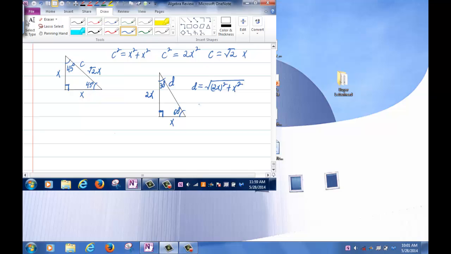And what is that? 2 squared is 4, right? So that's 4x squared plus x squared, right? Which is 5x squared, right? So this would be what? Root of 5x, right?